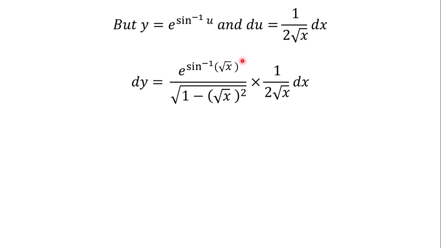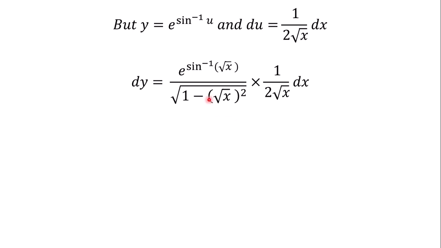When we change the u, we cannot let the u be there, so that is why we change everything quickly to the x world.